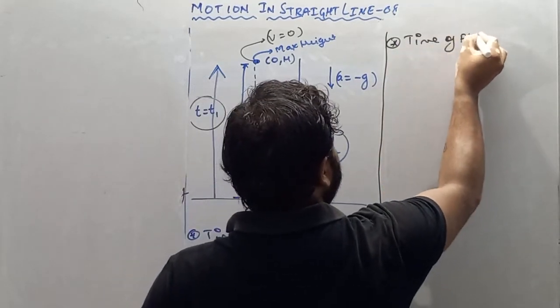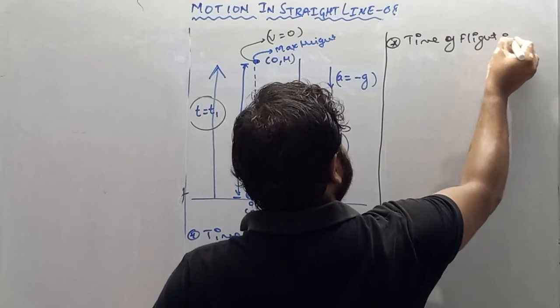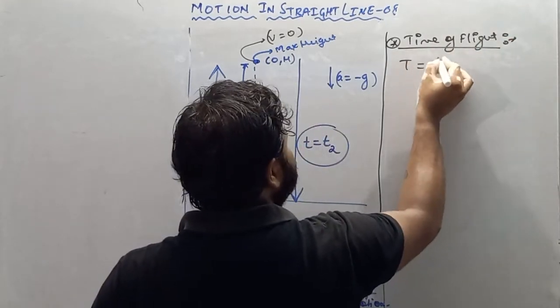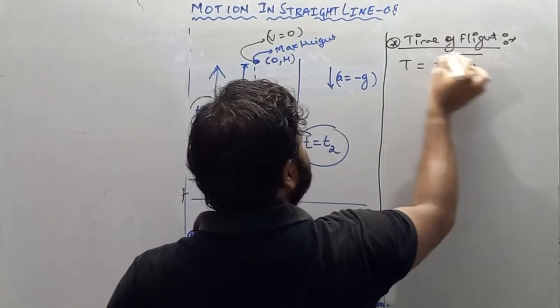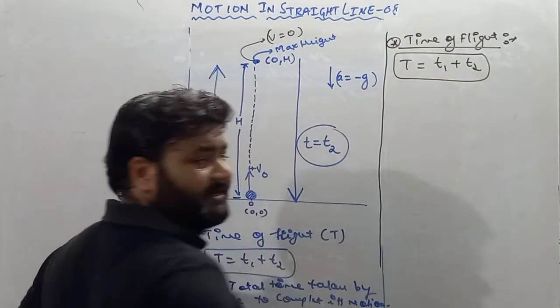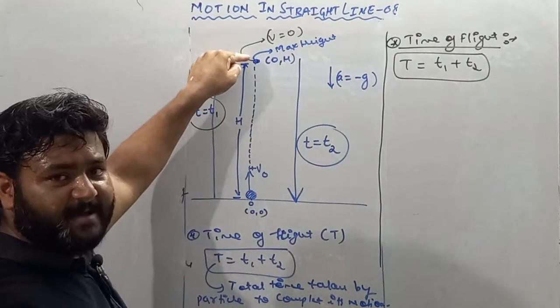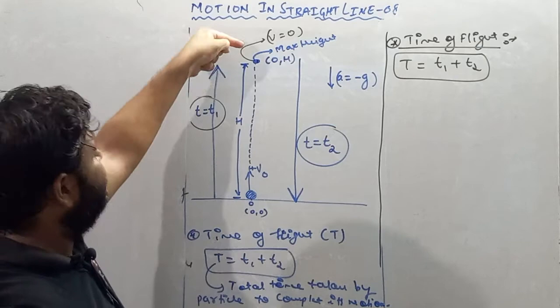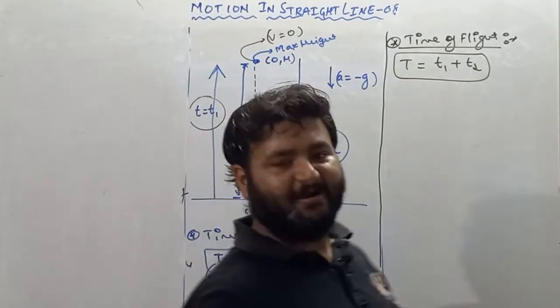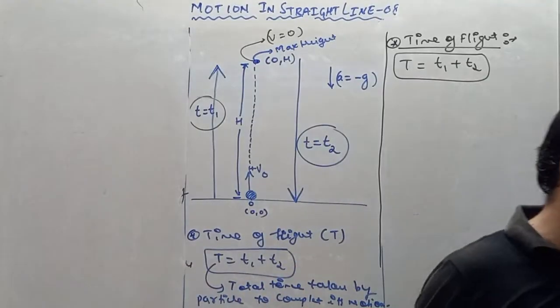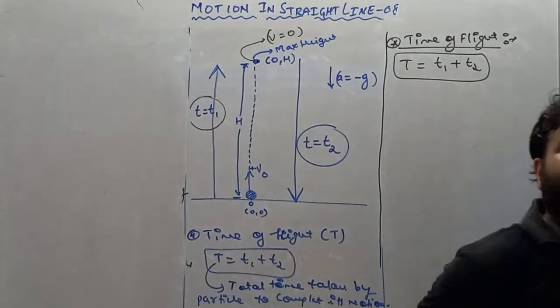Time of flight. So we know that time of flight is capital T, which is equal to t1 plus t2. The time taken by the particle from ground to maximum height, and the time taken by the particle from maximum height to come towards the ground again. This total time is called, my dear student, time of flight.